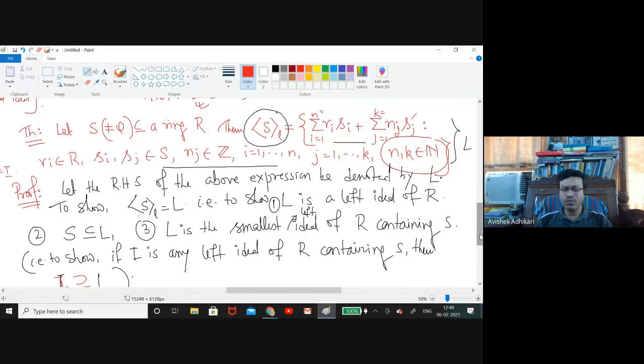You find some element which you can write in this form. If I can write it in this form, then we are basically done. So tell me some element of this form, so that we can say that this is non-empty.